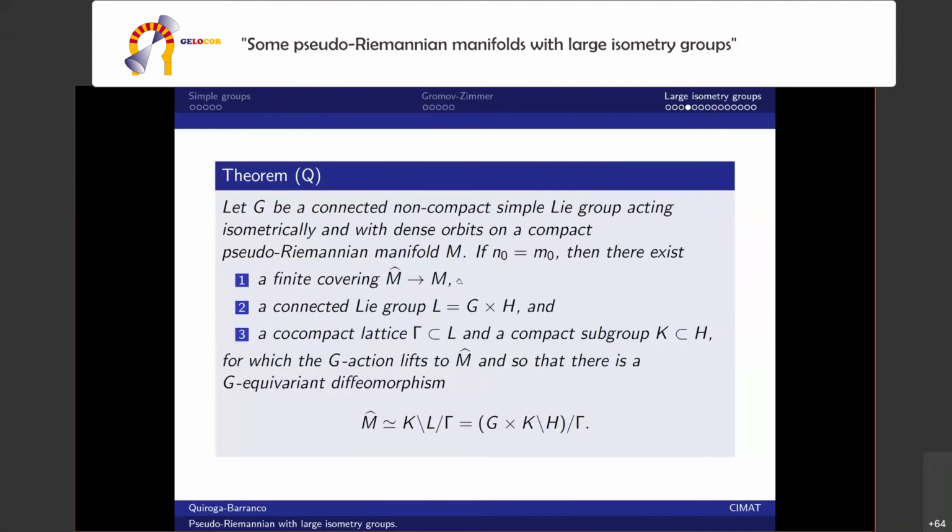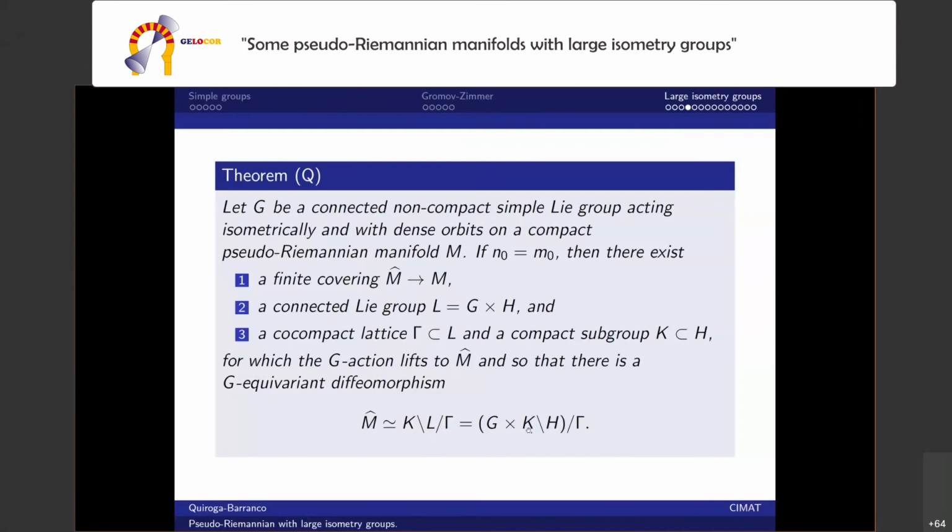There is a finite cover given by some connected Lie group that has G, the group acting, as a factor, some co-compact lattice in the whole group L, and a compact subgroup in the other factor H, so that the action leads to the finite cover. It's really from L modulo the lattice, and there is this compact group acting here.